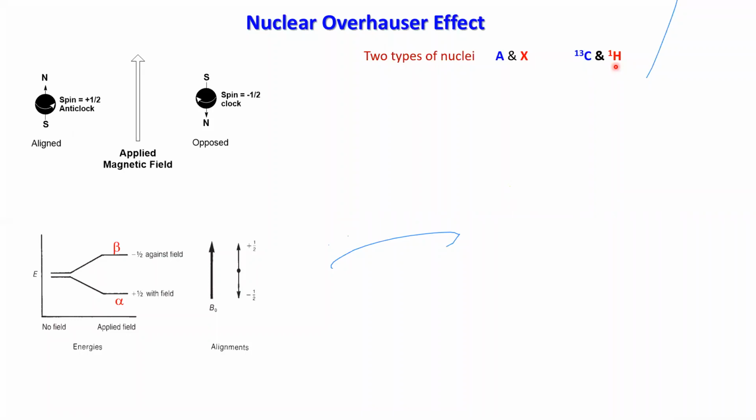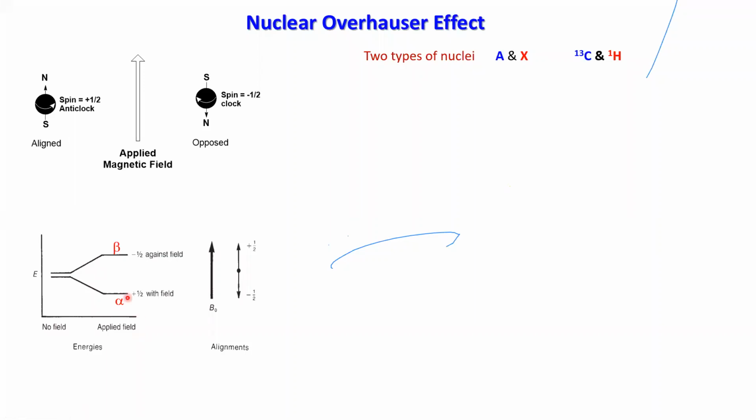Now for each nucleus you have two energy states, right? If I have a system where A and X are close enough, how many energy states can you expect? Can you tell how many energy states will be developed? Are you getting my question?